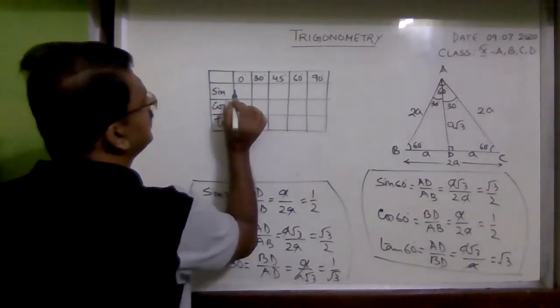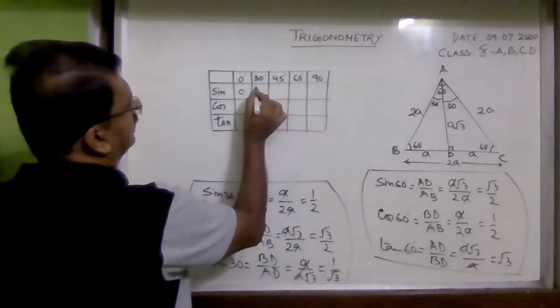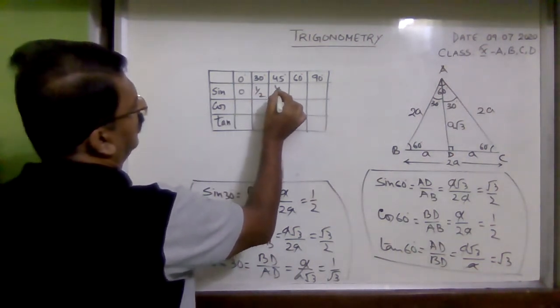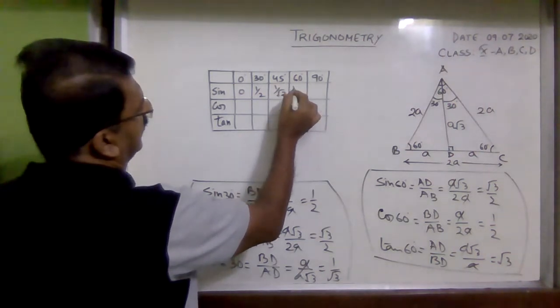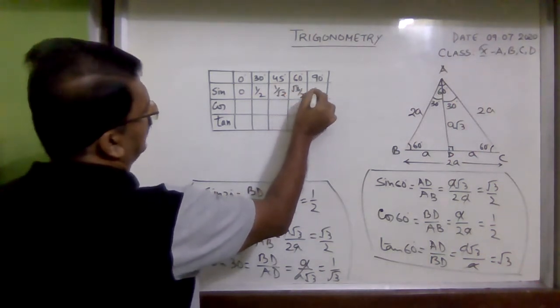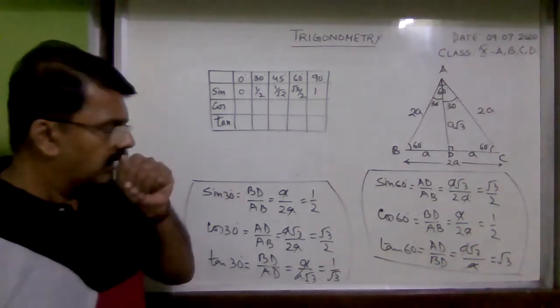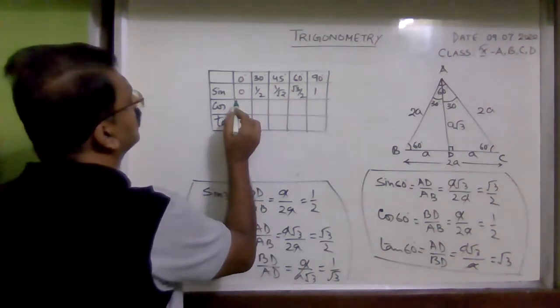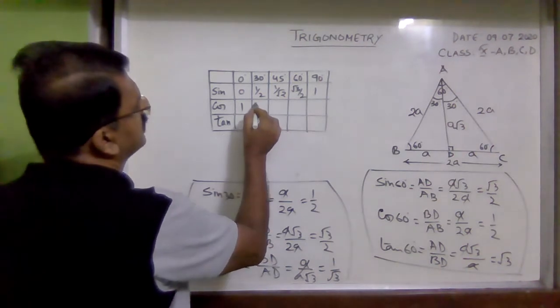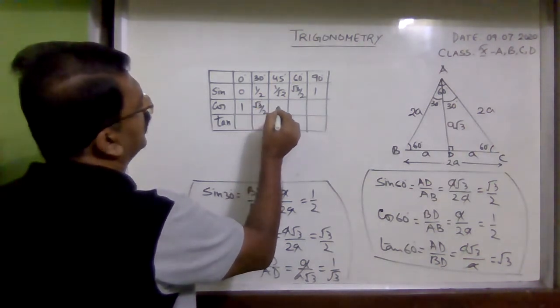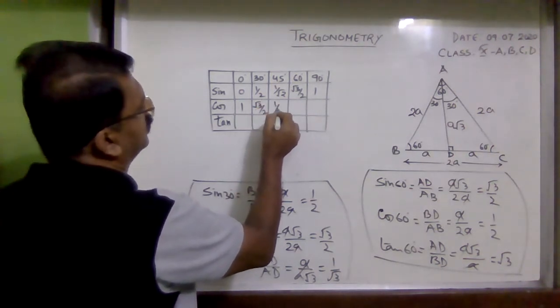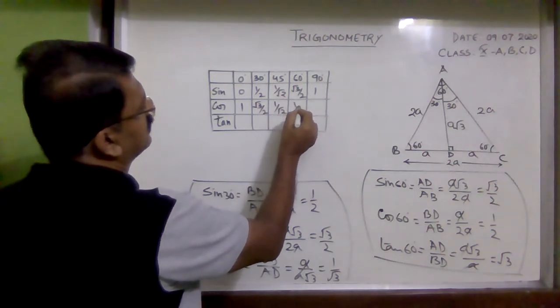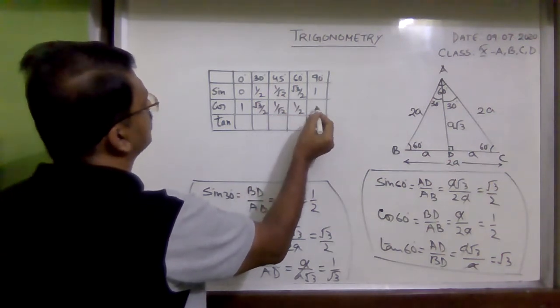Now sine 0 is 0, sine 30 is half, sine 45 is 1 by root 2, sine 60 is root 3 by 2, sine 90 is 1. Clear? Cos 0 is 1, cos 30 is root 3 by 2, cos 45 is 1 by root 2, cos 60 is 1 upon 2 and cos 90 is 0.